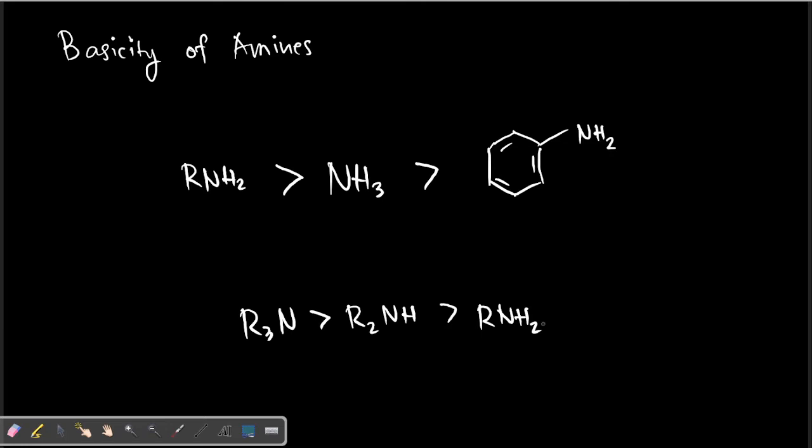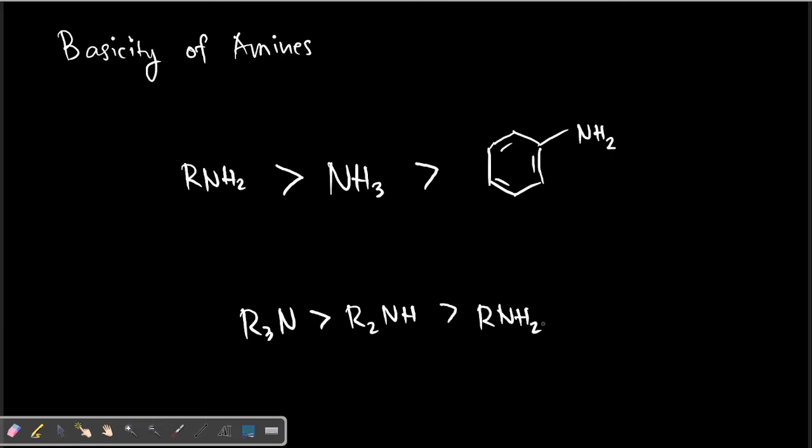So by stability of cations, yung ating ammonia or yung nitrogen natin dyan sa ating mga amines, kapag mas ma-stabilize natin yung presence ng tinatawag natin na cation or yung mga positive ions, mas nagiging basic ang isang compound.